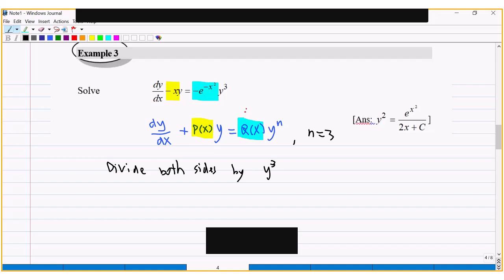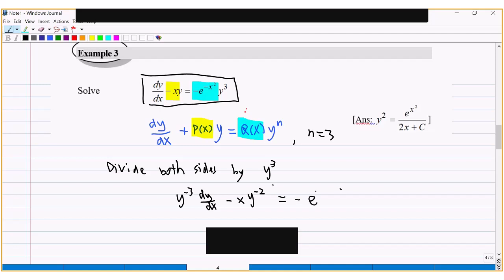Using this standard equation as a reference, divide by y power 3, you get y power minus 3 dy/dx minus x. Okay, y power 1 divided by y power 3, you get y power minus 2 now. And then the other side, after dividing both sides by y power 3, you get minus e power minus x squared. Right? You get this equation.